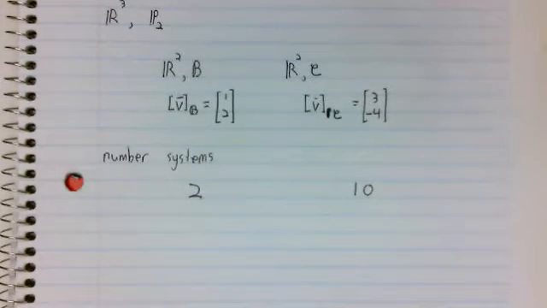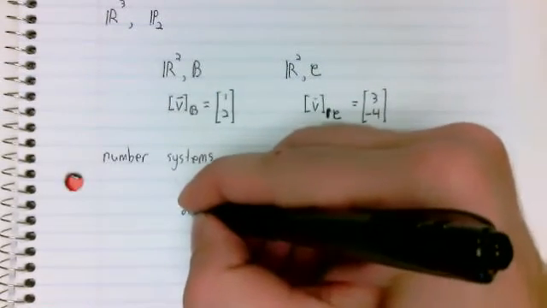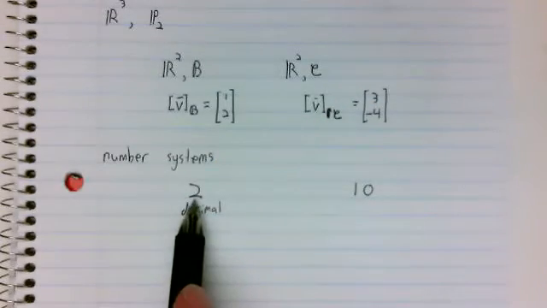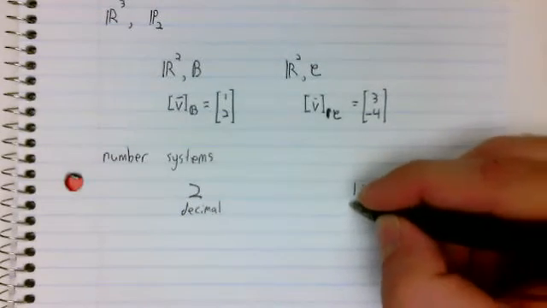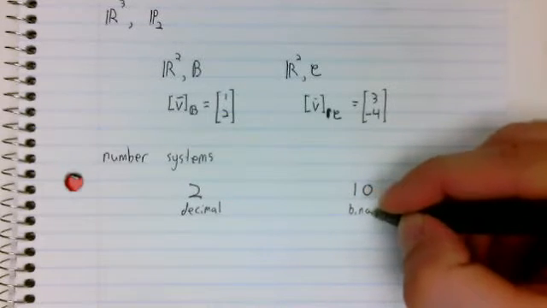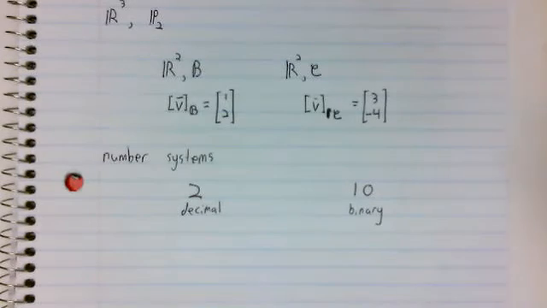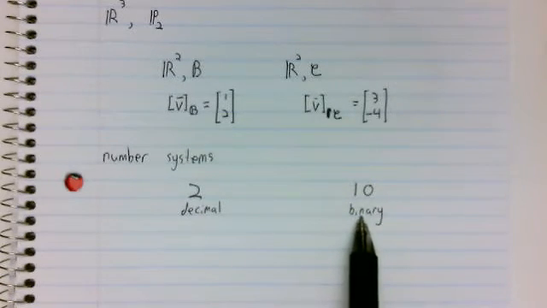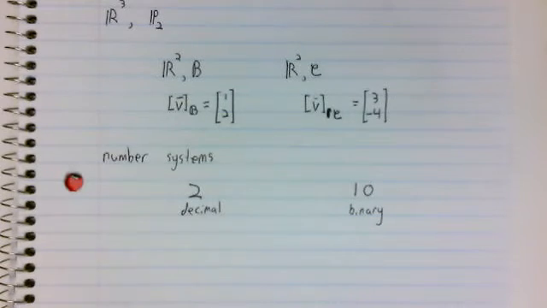You look at the number 2, and in decimal, it's written as you'd expect it to be. And in binary, it's written differently, but 2 is still 2. Whether you're looking at this in decimal or in binary, the number itself isn't changing.